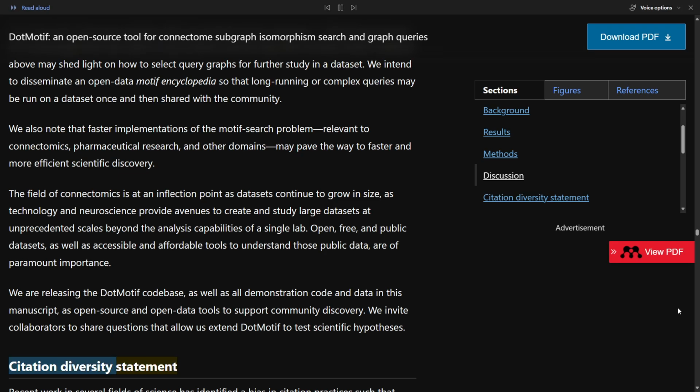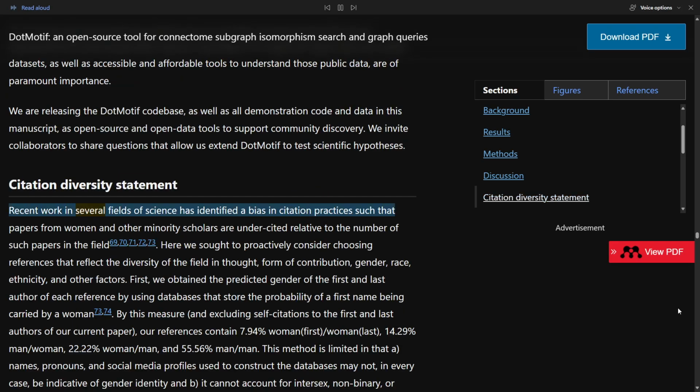Citation Diversity Statement. Recent work in several fields of science has identified a bias in citation practices such that papers from women and other minority scholars are undercited relative to the number of such papers in the field.